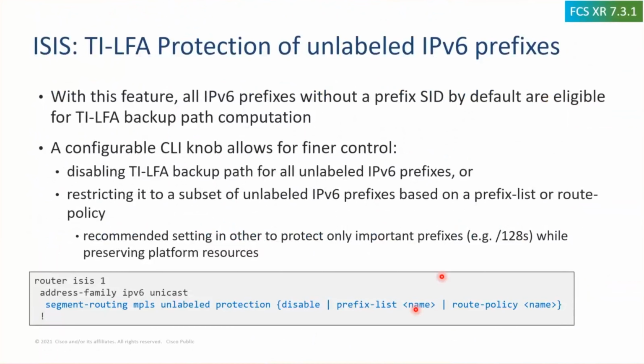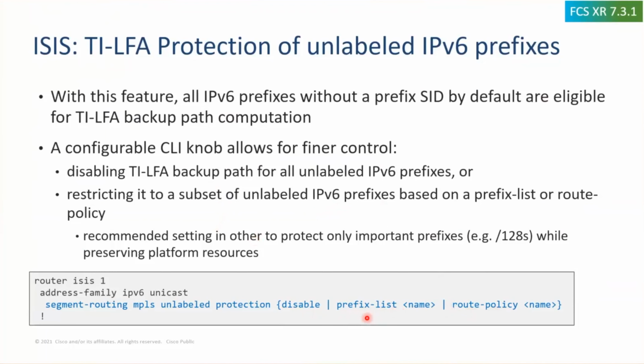With this new feature in IOS XR 7.3.1, all the IPv6 prefixes without a prefix SID by default will be eligible for TI-LFA backup path computation. We do have knobs that the user can configure to disable this functionality, so we do not compute backup path for any unlabeled IPv6 prefix, or we can have the granularity knobs where you can configure prefix lists or route policies where you can actually control which subset of unlabeled IPv6 prefixes are going to be eligible for a TI-LFA backup path computation.